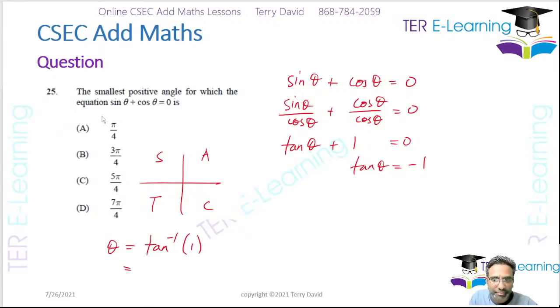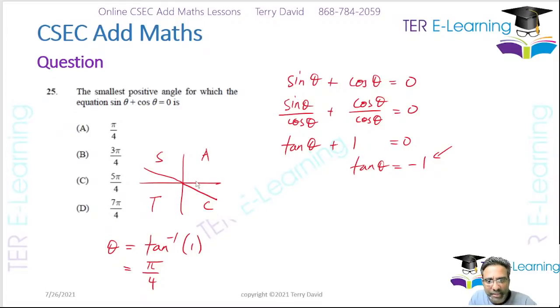You're going to get 45. But if you look at the answers, you realize, wait, the answers are given in the form of pi, right? So therefore, my principal value is pi over 4. But the thing is, if you look at something here, tan is negative. Now tan is actually negative in this quadrant here and also in this quadrant here, right? Now they want the smallest positive value of my angle, right?